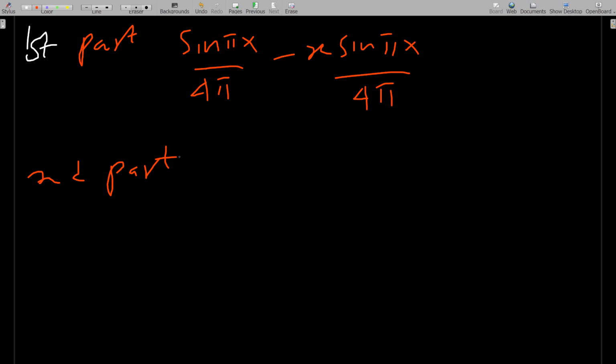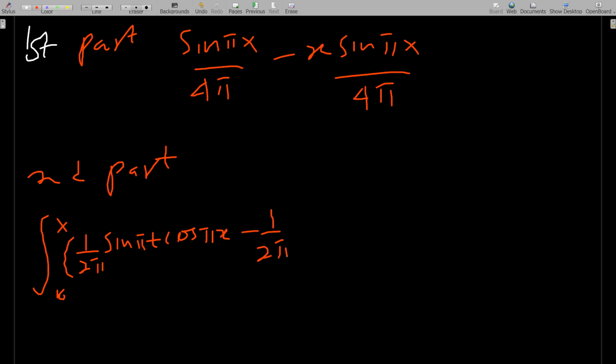We have integral from 0 to x, 0 to x, 1 over 2 pi sine pi t cos pi x, okay?